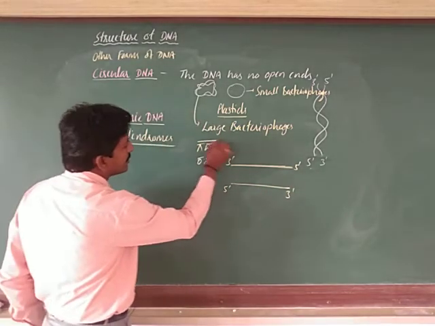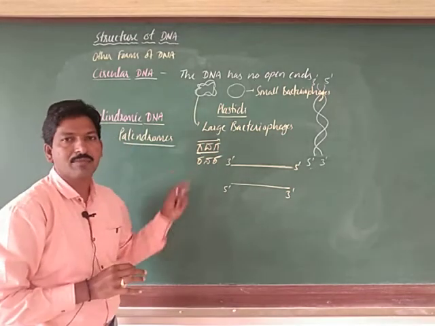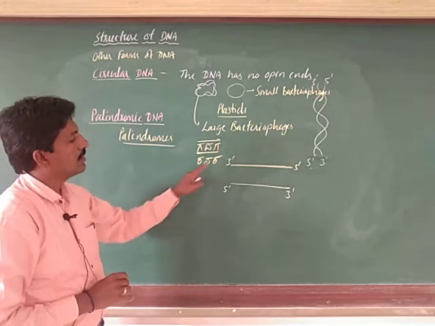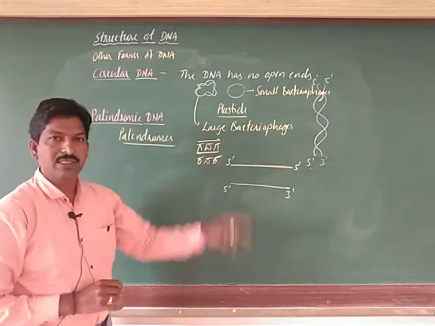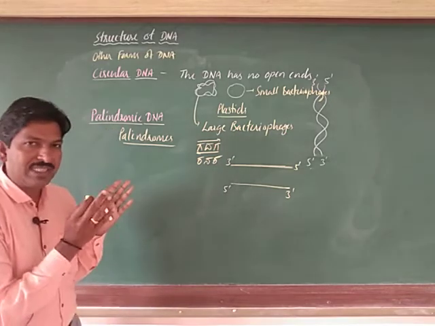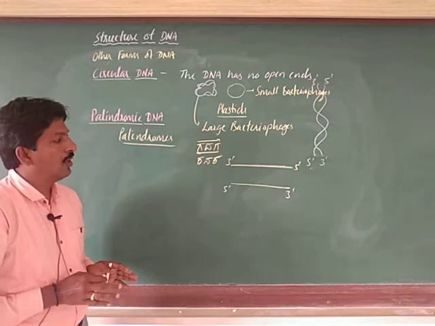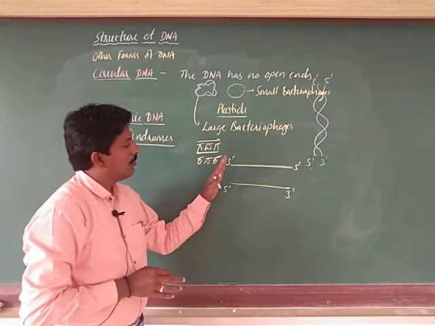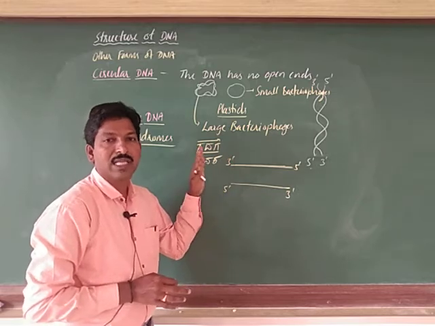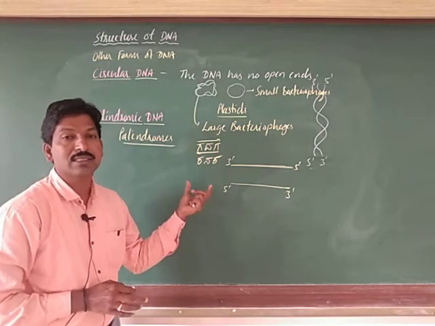When you read this side and again from this side, it is pronounced the same. So palindromes are segments of DNA in which, when you read from the same direction, the sequence is also the same.